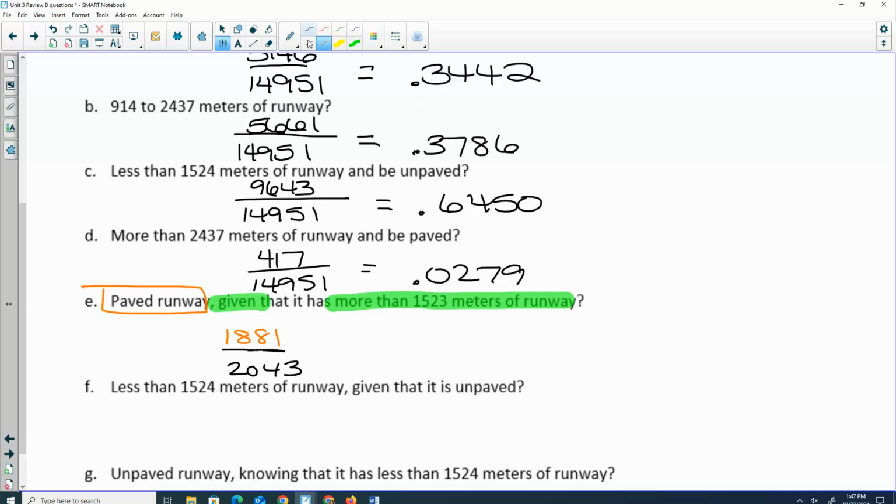That's 1,881. Divide, we get 0.9207. So the givens are when we are not looking at everything. We just have a portion.